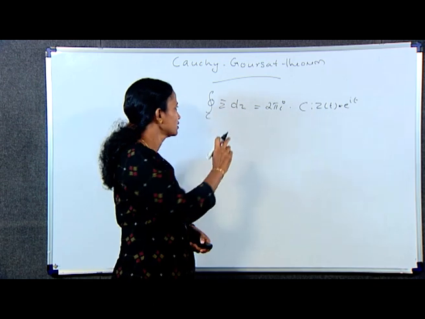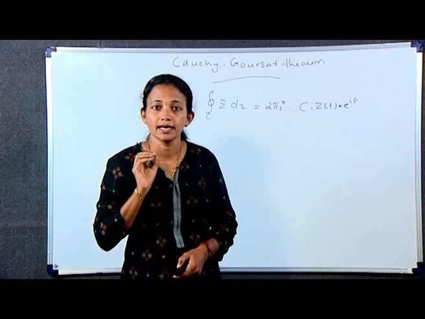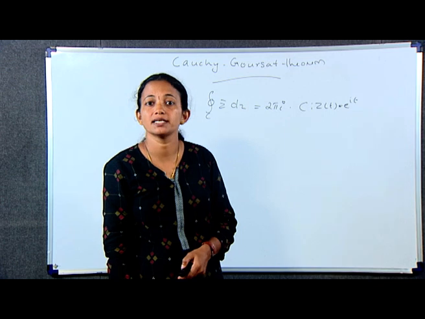The function f(z) is equal to z bar is not analytic, and hence it is false to say that integral over C of z bar dz is equal to 0.